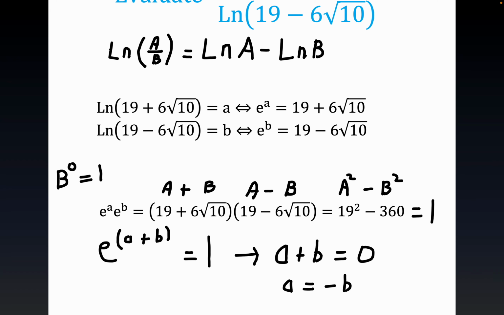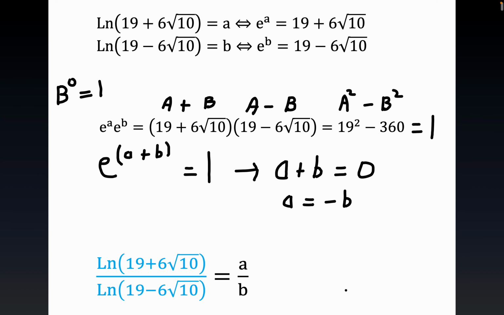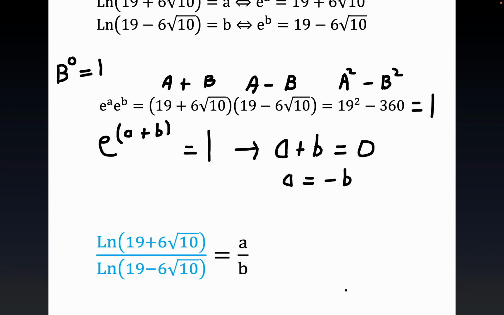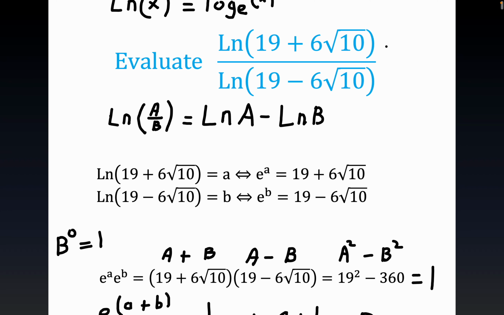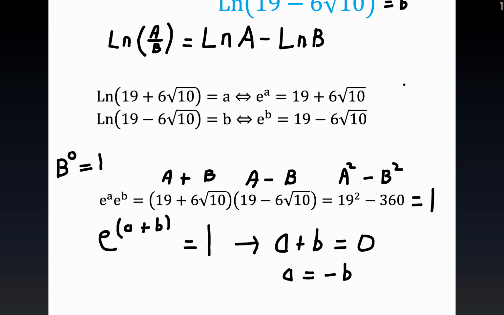Okay, we're finally going to get to the punchline here. Now, this is our original problem, and we already know, just based on the way we set this up, that the numerator is equal to a. The numerator is equal to a, just by our setup here. And then the denominator is equal to b, right? So I just rewrote it down here.